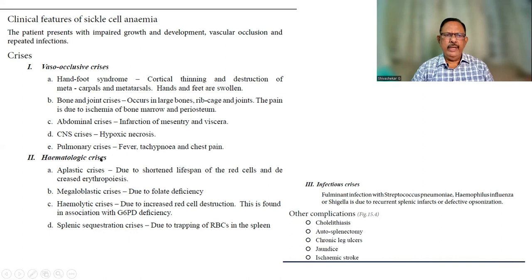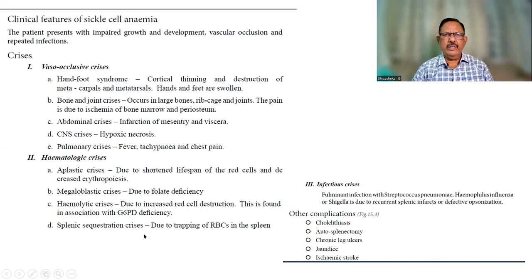The second one will be hematological crisis. Repeatedly after hemolysis there is formation of RBC, but it gets burnt out, and this is called aplastic crisis. Megaloblastic crisis due to folate deficiency subsequently. And hemolytic crisis when the red cell destruction is very severe, can be associated with G6PD.